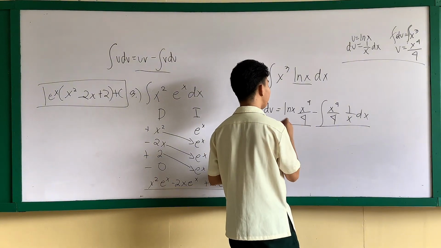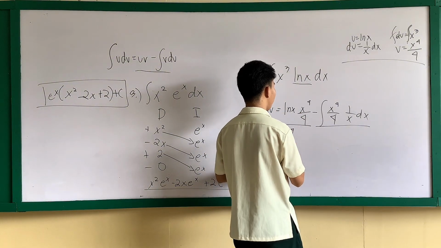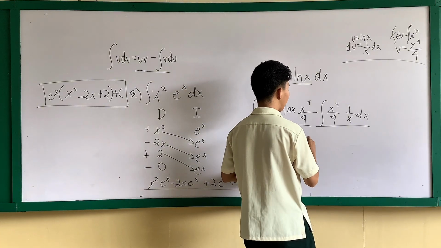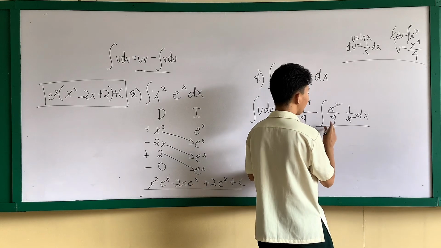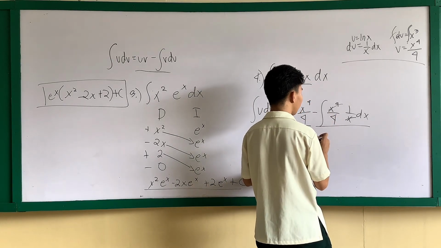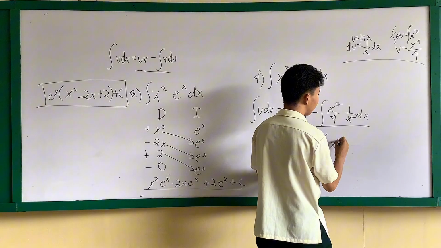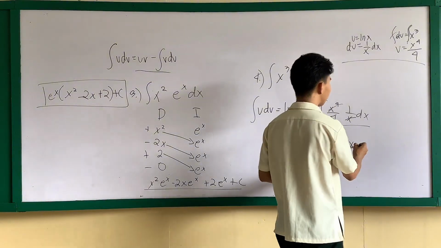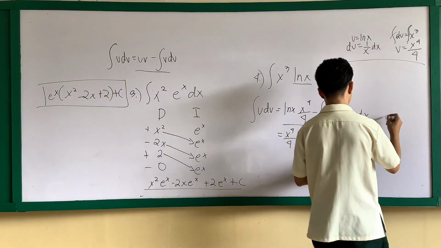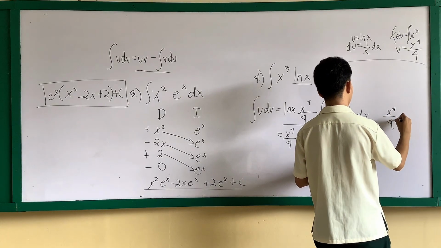So now let's solve this term. Copy the first term, or we can rearrange this as x to the fourth over 4 ln x minus, cancel this, and we can put the constant outside, it's going to be 1/4 the integral of x cubed dx. So now we need to integrate this, it's going to be x to the fourth over 4 plus c.